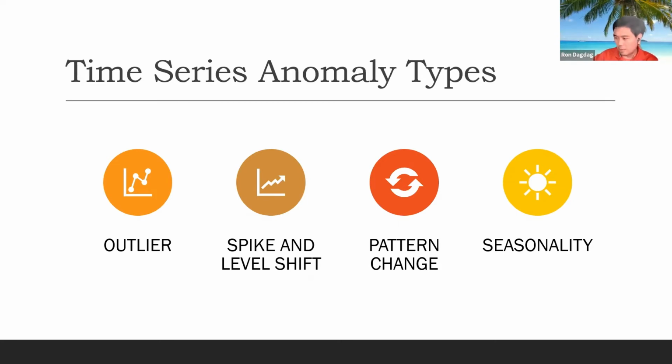You get the temperature of the room, and you put a timestamp there, and then you get the history, especially for people detection, and also not just the temperature of the room, but also humidity, whether the lights were on or off, those kinds of things. You get those time series data. And so you would see them as outliers, spike and level shift, pattern change, and seasonality. I'm going to talk about what each one means.